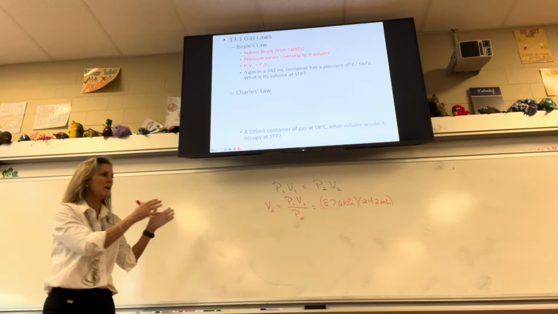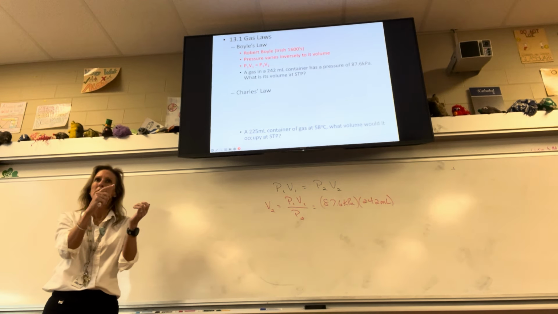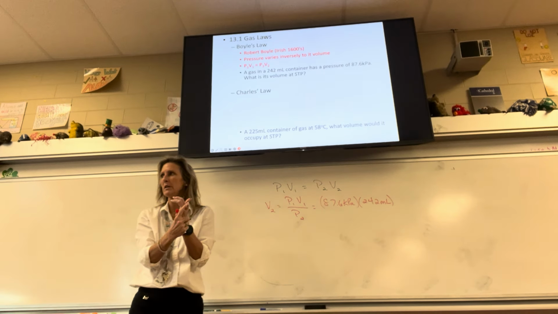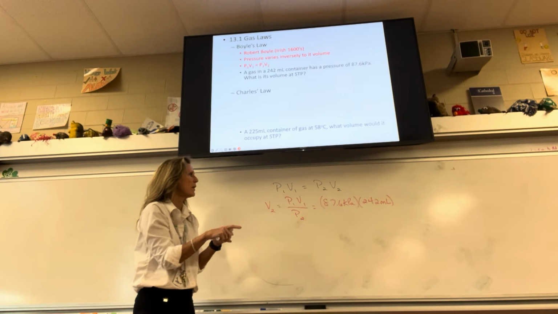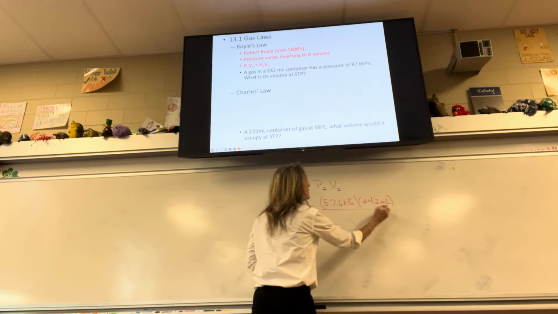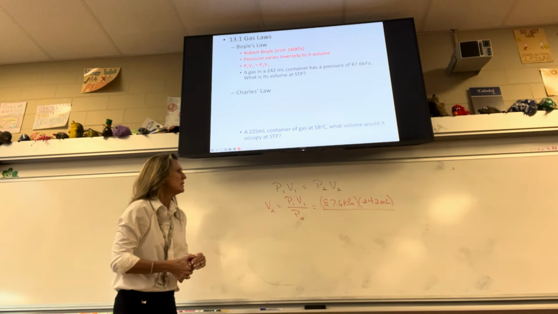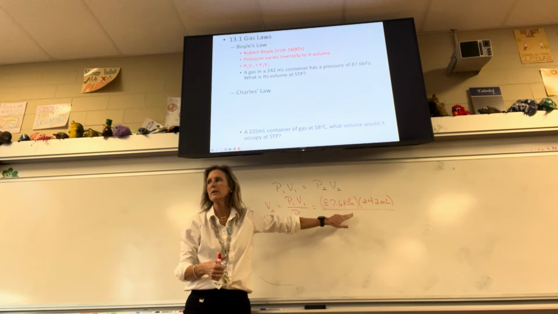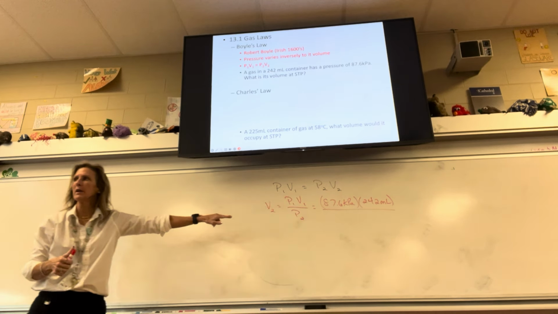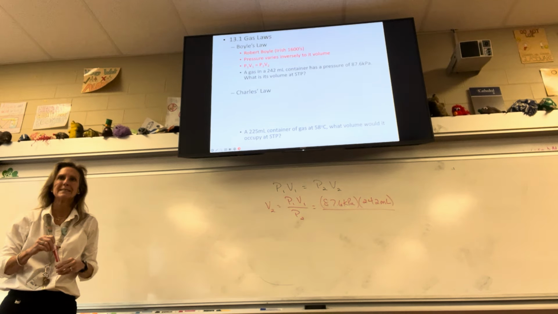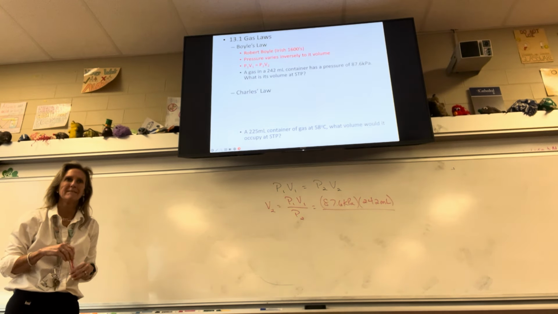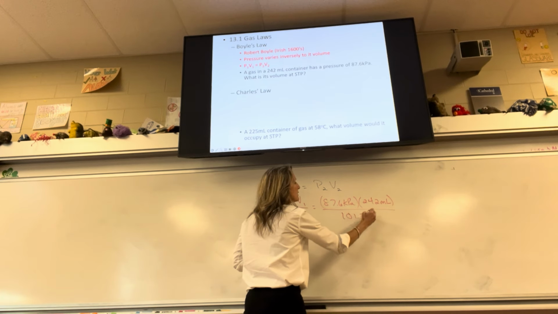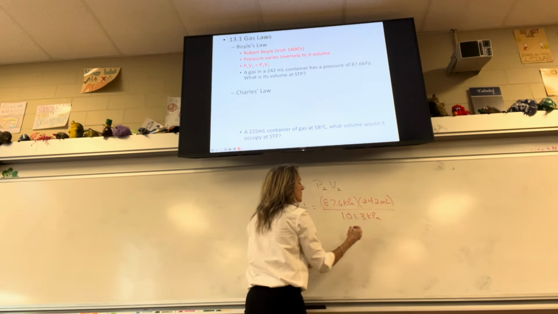But in all of these gas laws, as long as our 1 units are the same as our 2 units, we can use any unit we want for volume. And then our P2: if we're using kPa for our P1, what is standard pressure in kPa for P2? Very good, 101.3.